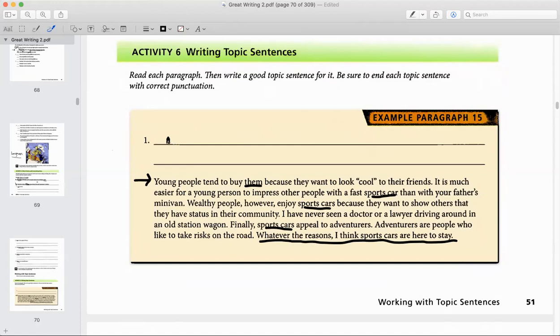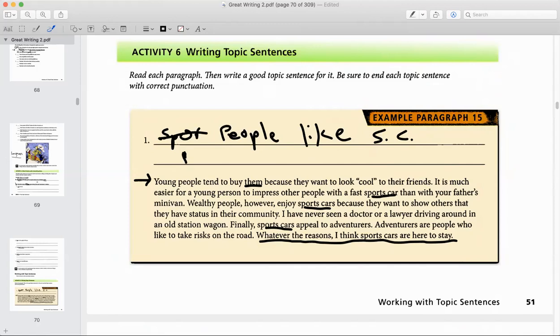Okay, and there are many different possible answers for this. One simple, really basic one would be, for example, I'll try to write it here. Sports. Let me cross that out. I'll make it even simpler. People like, I'm just going to write SC for sports cars for now, just to save time.